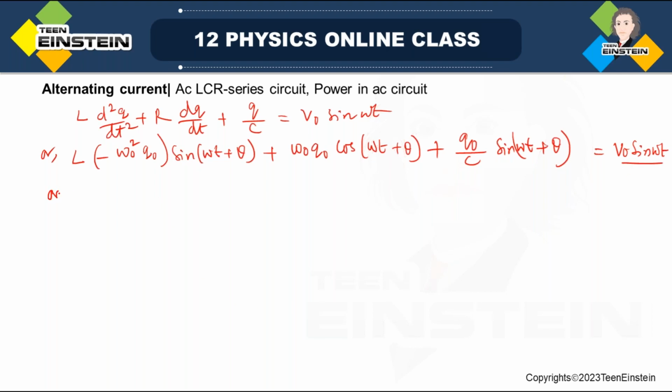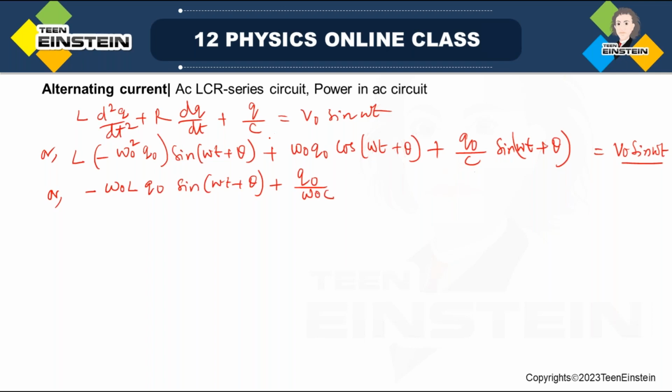Now look, this thing we can actually make into a nice form. We can divide all of them by omega first, then we will get omega L here with a minus sign, q0 sine omega t plus theta. Here I'll get q0 by omega c, sine of omega t plus theta, right?